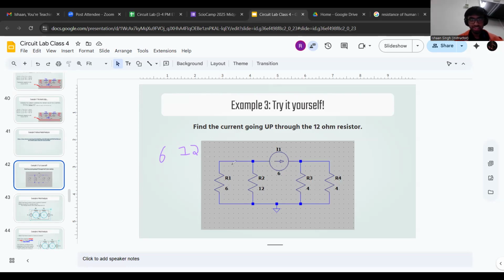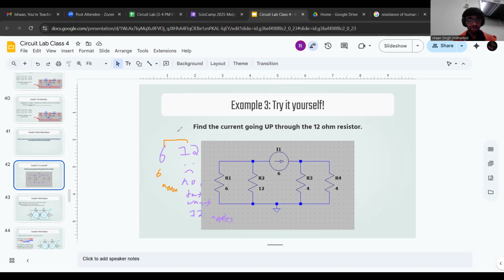The 12 ohm resistor is going to say, no, I don't want 12 apples. Okay, that's what its resistance means. The 6 ohm resistor is going to say the same thing, but for 6 apples. Okay?